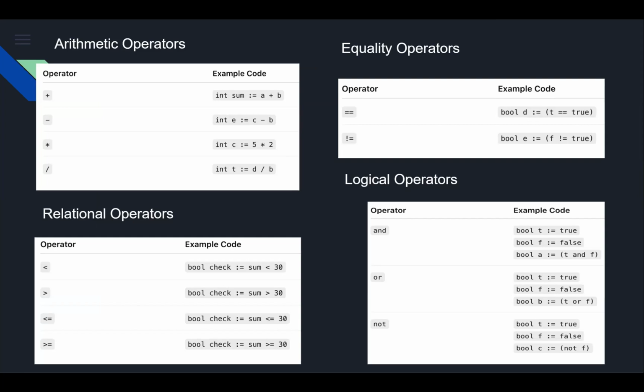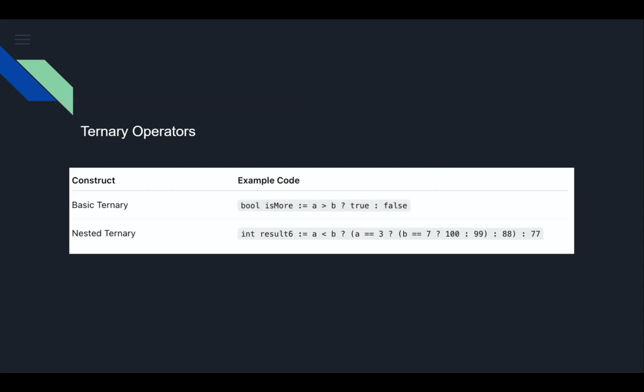We also have logical operators, which are handled through and, or, and not. These are combined to build compound conditions. And then we have the ternary operator, which allows chaining decisions in one line.